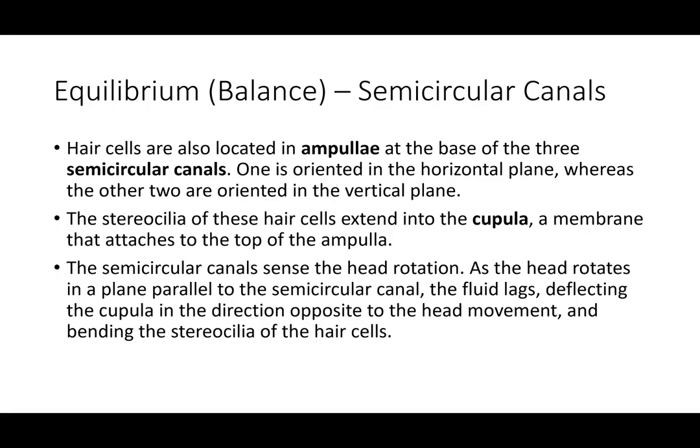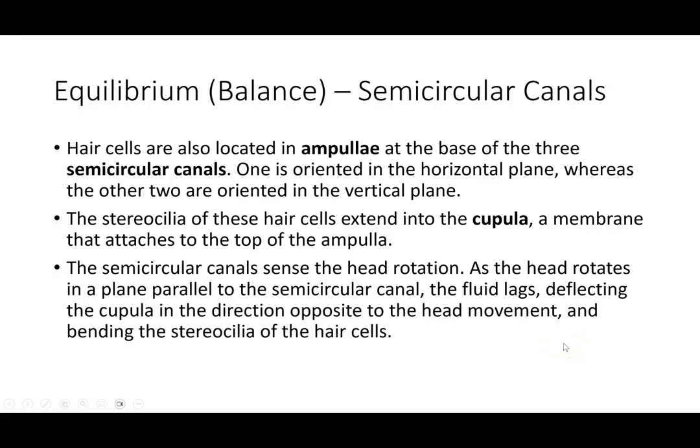One of these is oriented in the horizontal plane, the other two are oriented in the vertical plane. And the stereocilia on these hair cells extend into what's called the cupula. This is a membrane attached to the top of that ampulla. And these are going to do more sensing of head rotation, so turning side to side, nodding up and down, rather than that linear movement.